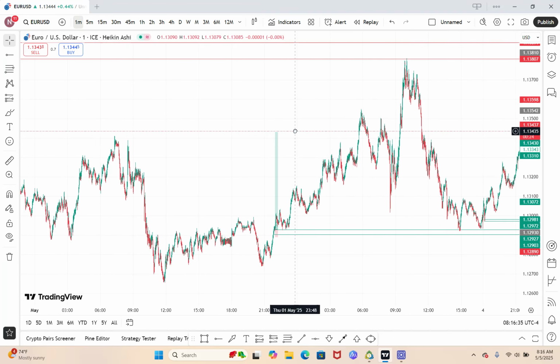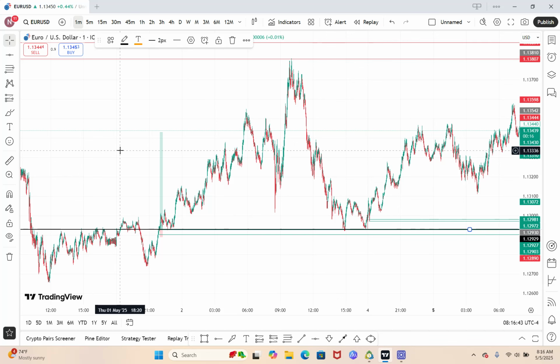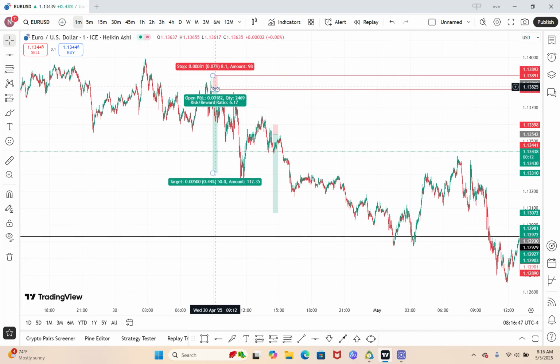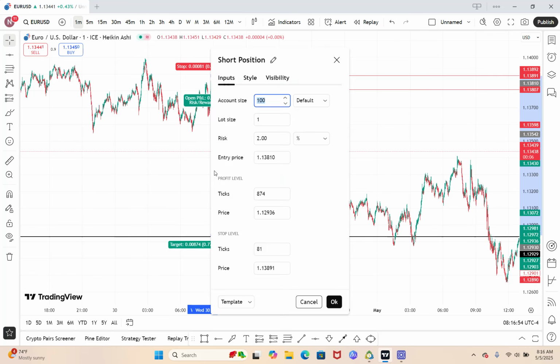Let's measure the amount of pips the market went. So this is our entry, and the market went down to this black line, 874 pips, and we took 500 pips.